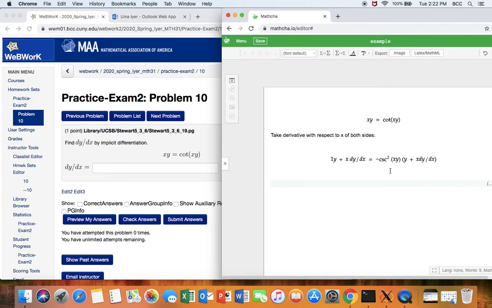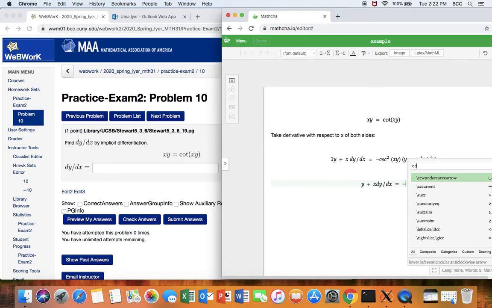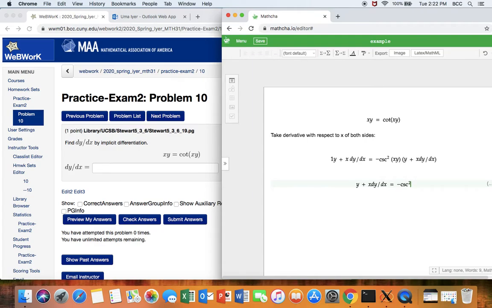So I leave the left as it is, y plus x dy dx. On the right hand side, negative cosecant squared of xy distributes. So this is negative cosecant squared of xy times y. That's the first product.